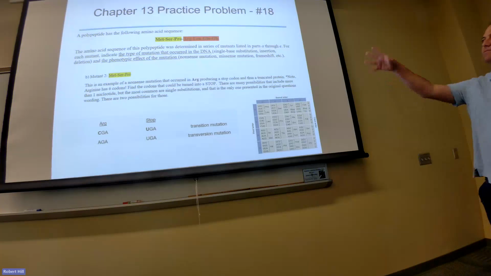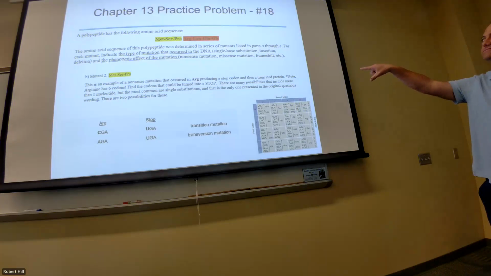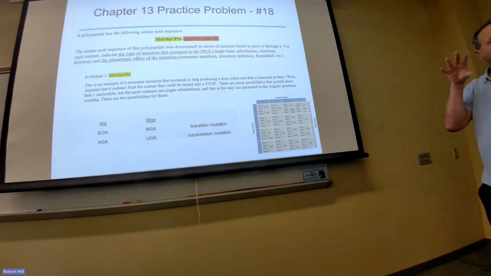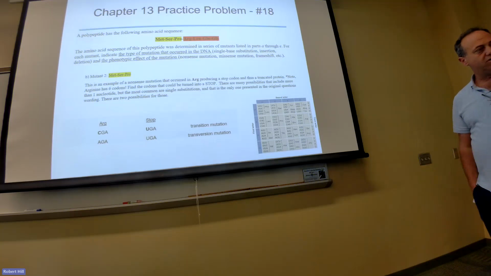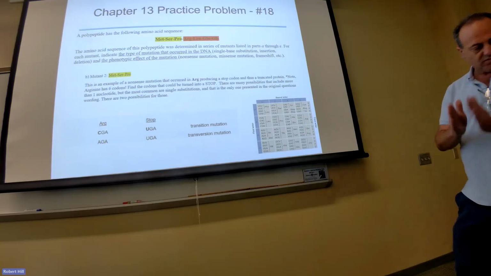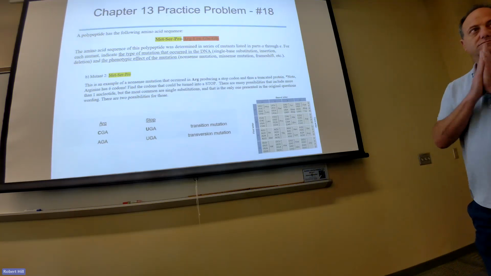So just something when I was looking at this, you know, there are more possibilities of mutations, things that we went over that could account for this. Can anyone think of one? Other than a single base substitution? What else could put a stop codon in there besides a single base pair substitution?